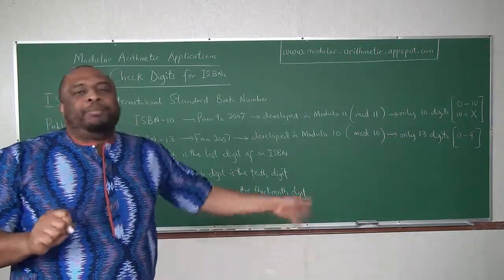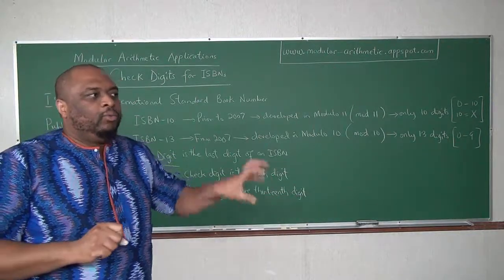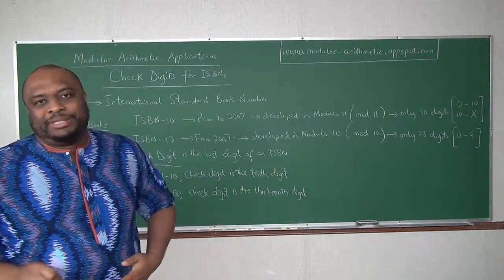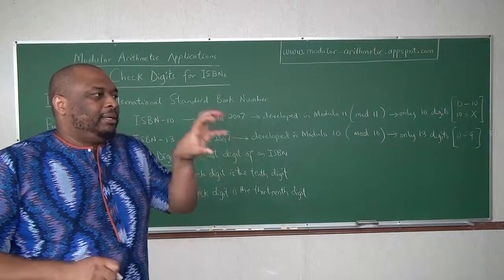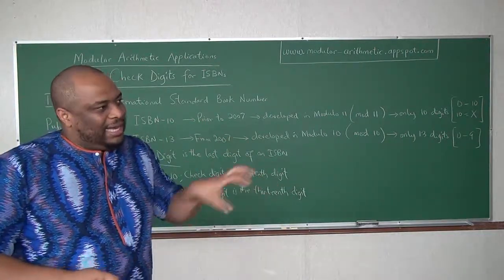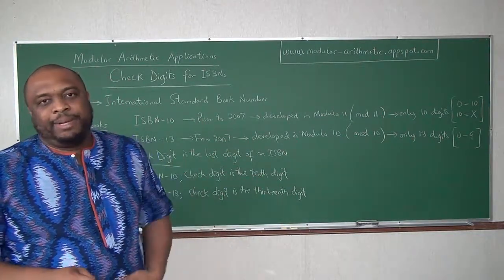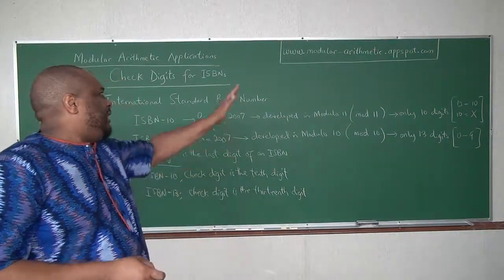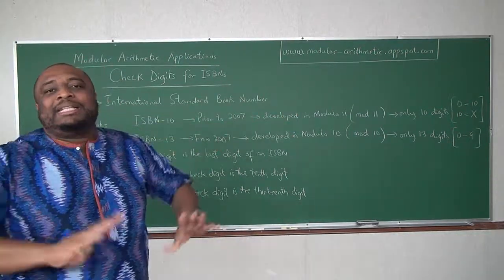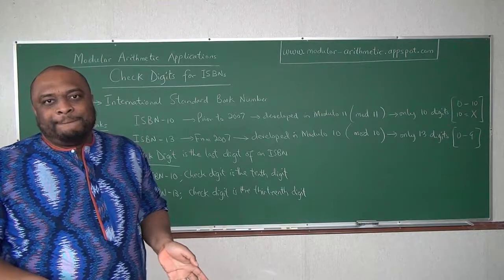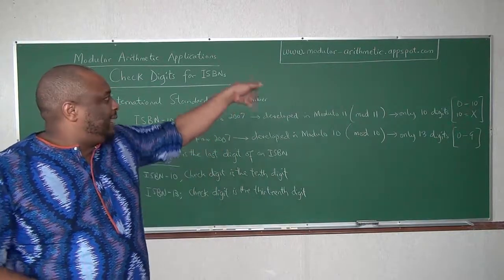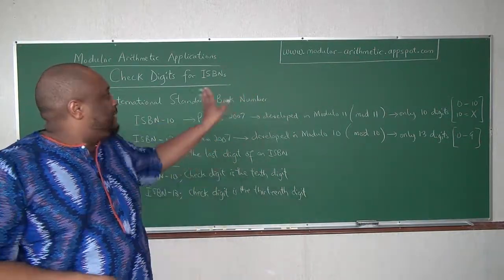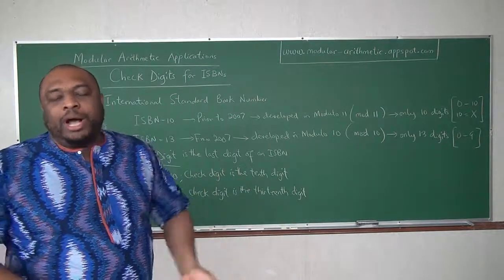Hey, you probably made a mistake in one or more of the digits you typed. So look at the ISBN number again and retype it. And the calculators I developed for this, that is the way it will work.